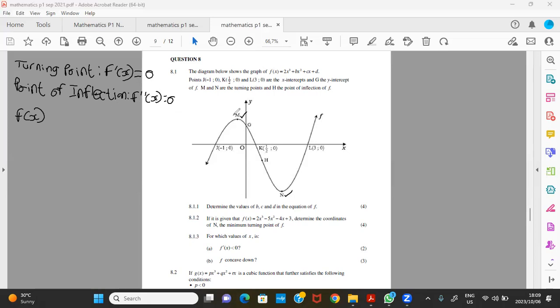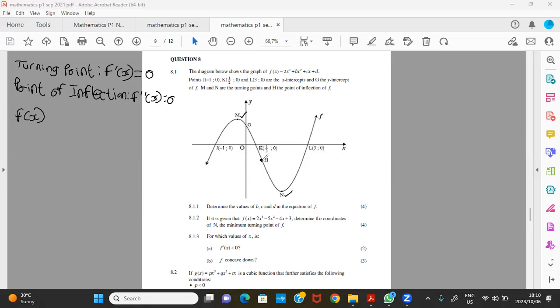With a turning point, basically it's where our graph changes from an increasing function to a decreasing function. And for our point of inflection, that's where our graph changes concavity, from either concave up to concave down or from concave down to concave up.